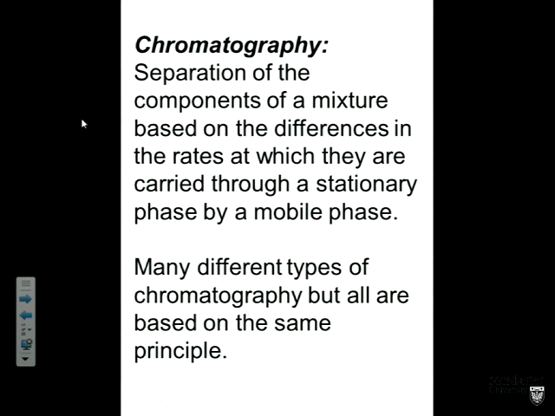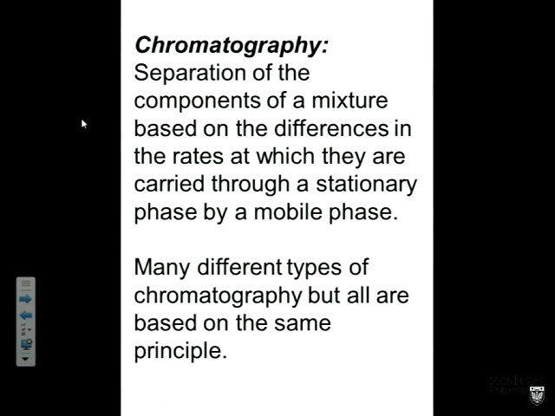So chromatography is used in biology, it's used in chemistry, and basically all chromatography is the separation of components of a mixture based on the differences in the rates at which they are carried through a stationary phase by a mobile phase. So all forms of chromatography have a stationary phase.